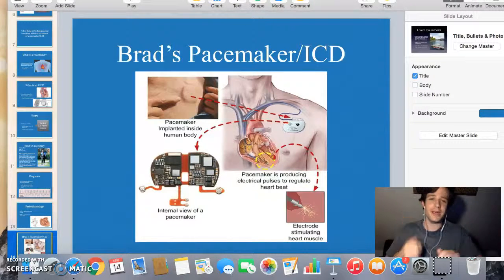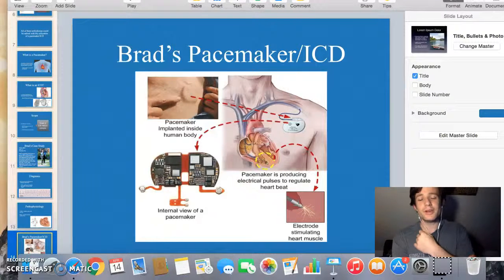So what Brad will have is a pacemaker ICD implanted, and it's a very simple surgery in which a small incision will be made under the collarbone, right about here, and this pacemaker ICD will be implanted, and the wire for the artificial nervous system will be run through the blood vessel back to the heart, and it will insert into the atria and into the ventricles.